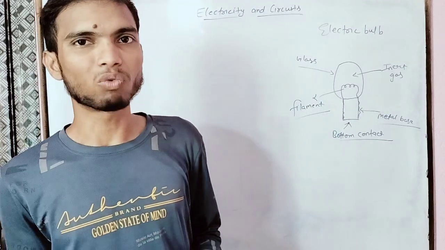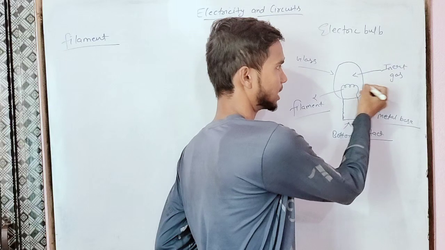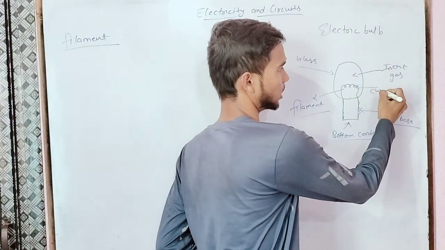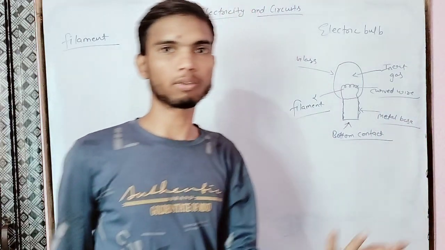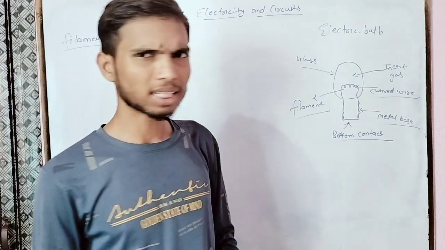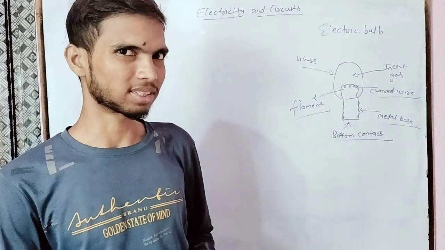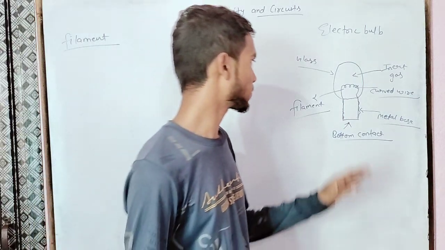It looks like a wire, a curved wire. You can see this is a curved wire. In another word, it is called tungsten. You might have heard this word, tungsten.